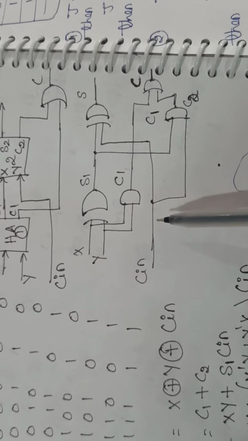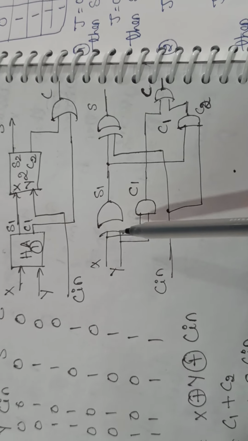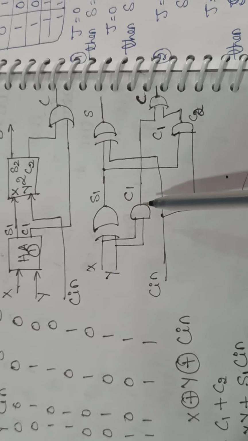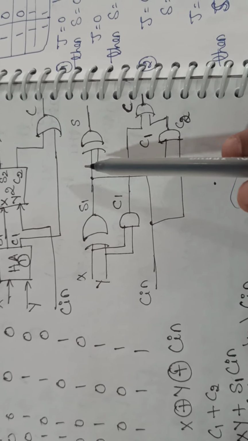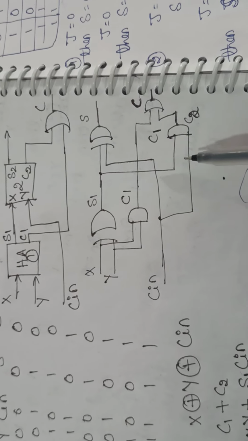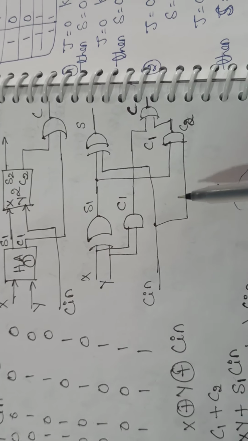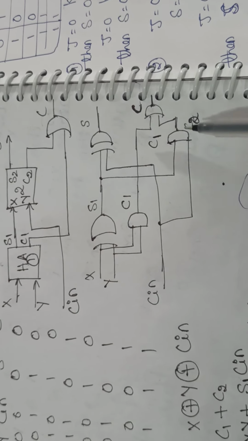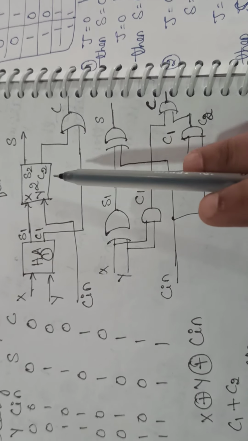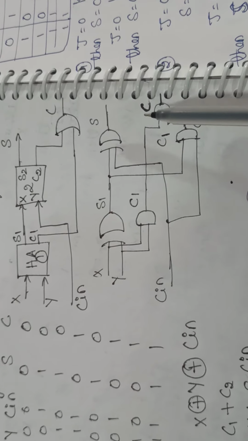This you have understood. Now we have to work on the carry. The carry of the first half adder is generated with the inputs x and y, and the carry of the second half adder will be generated making use of the sum output of HA1 and the carry input. The carry of the first half adder and the carry of the second half adder are both combined with the OR gate to get the final carry.